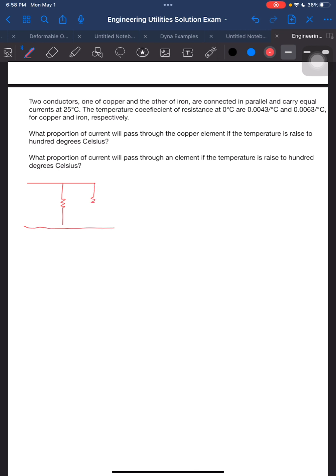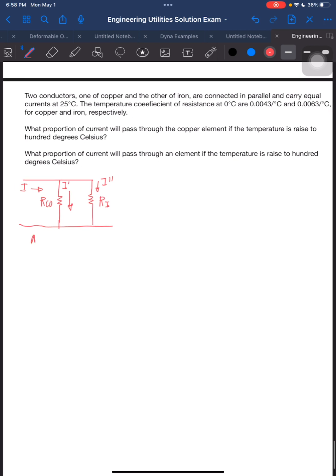Tapos, ito yung isa. Ito yung I, papasok. Tapos ito pababa. Ito ay I prime. Ito ay R copper. Ito ay R iron. Tapos ito yung I double prime. So, at 25 degrees Celsius, I prime is equal to I double prime.